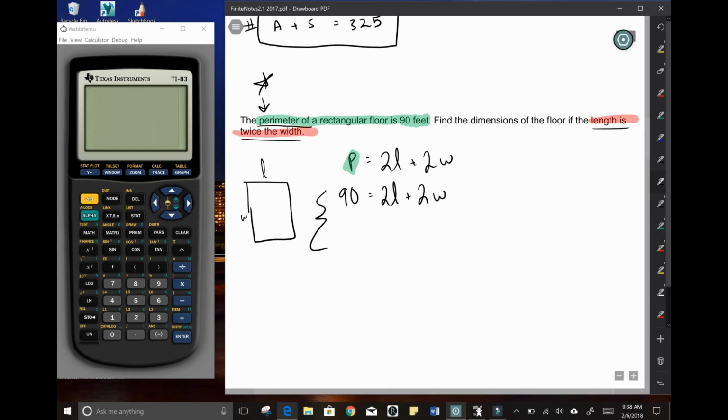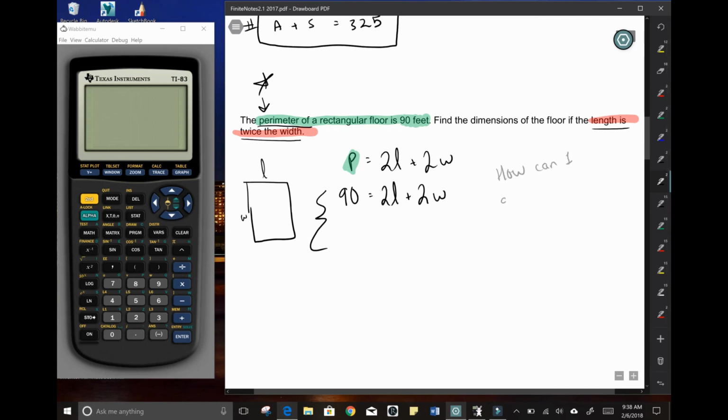So you need to ask yourself, how can I get the length? If you know the width, say the width is 10, your length, if it's twice, would be 20. If your width is 5, your length would be 10.